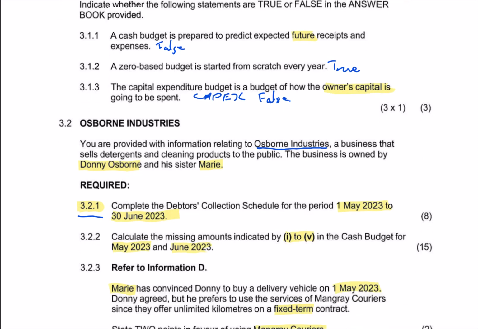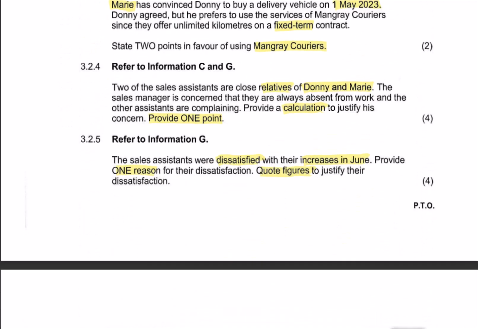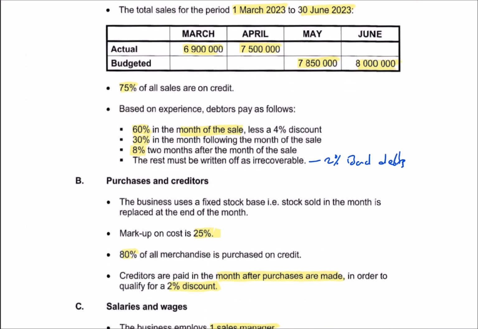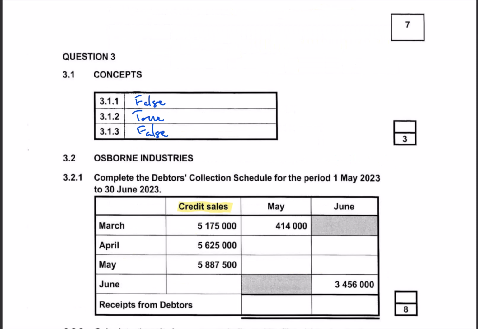So whatever we're going to receive in May and in June. Then if you come to our question down here, credit sales: 60% is received in the month of sale. So the April credit sales, 60% is going to be received in April. So 60 is in April.